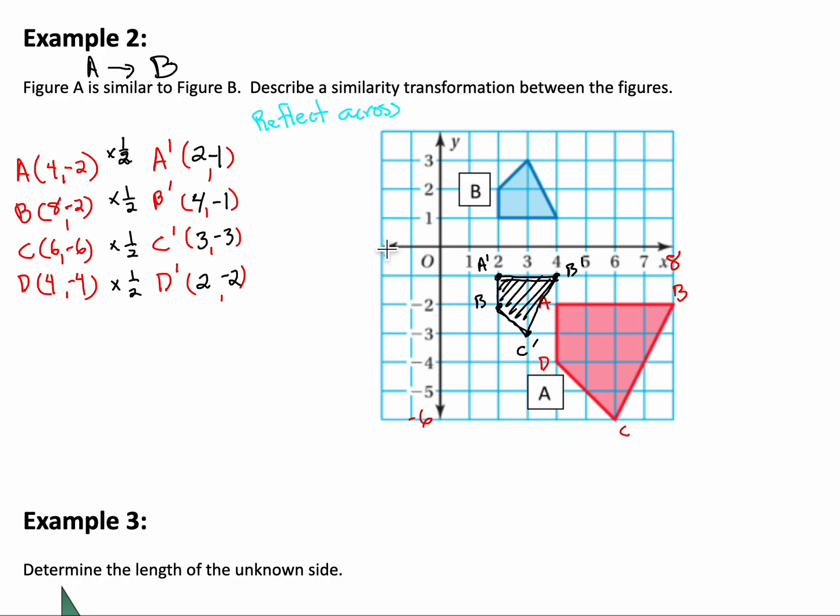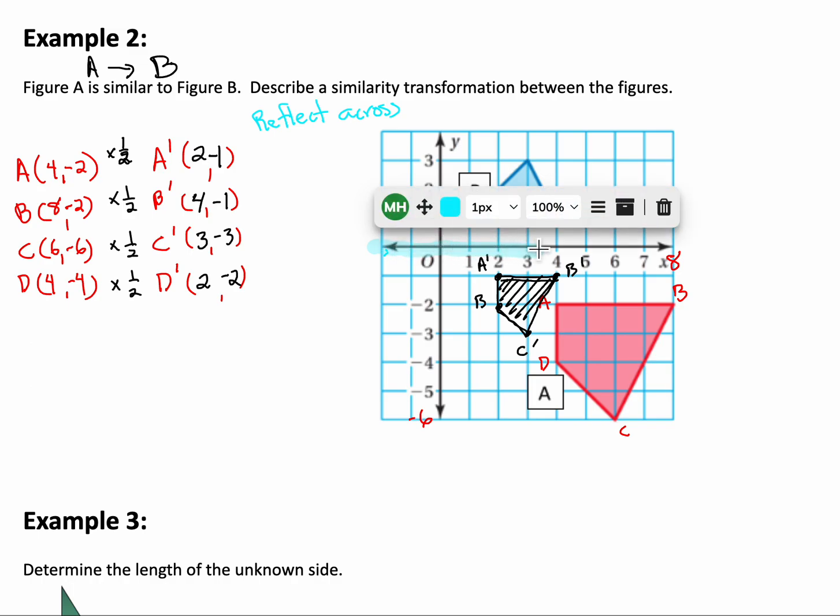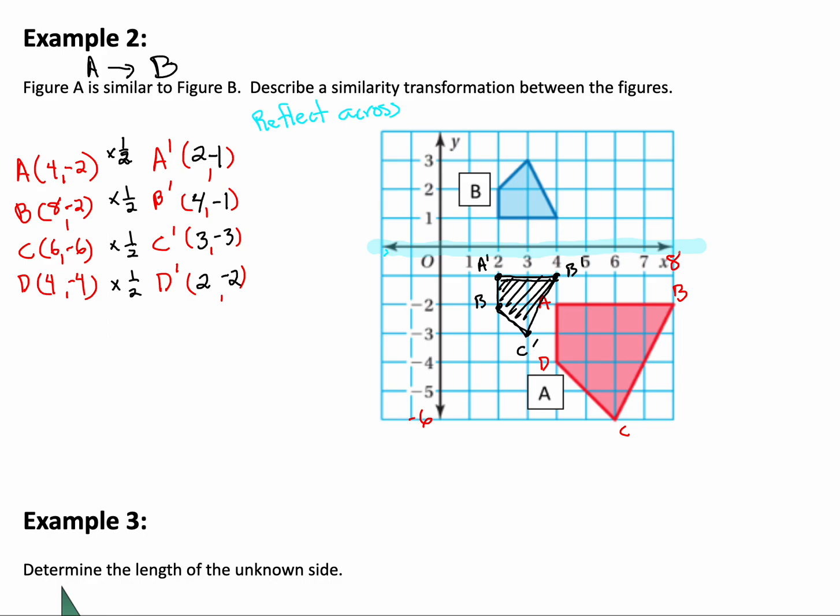Now, remember, this reflection is the reflect across this line right there, and that is the x-axis. So I'm going to reflect across the x-axis. That is my directions, and that would be my x-axis. I can see it here.